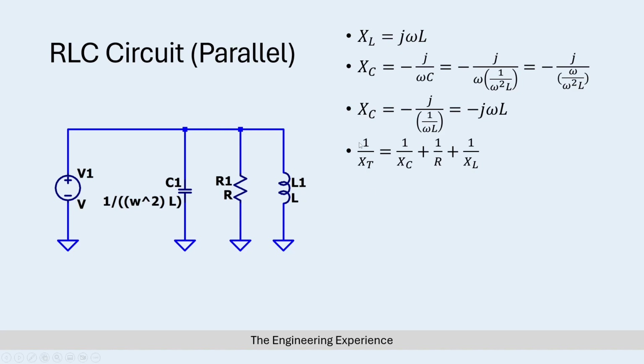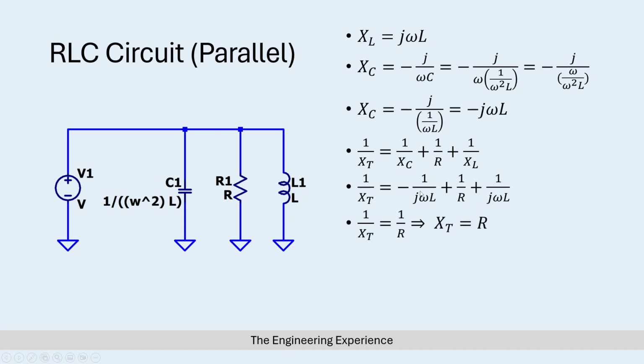And you can relate this back to when you were just looking at 3 resistors in parallel. So now plugging in the numbers that we have from above, j omega L is replacing XL, minus j omega L is replacing the XC, and then we have our R.